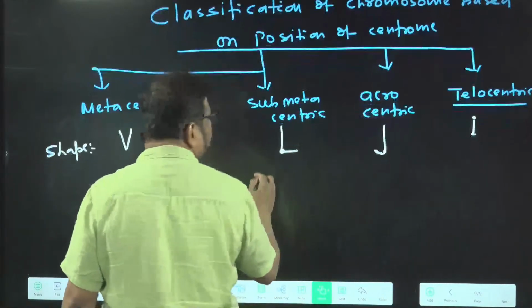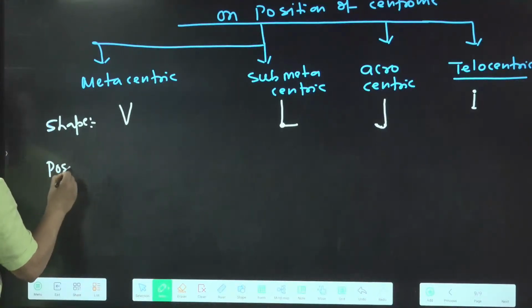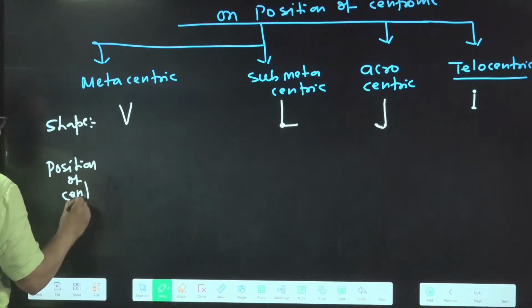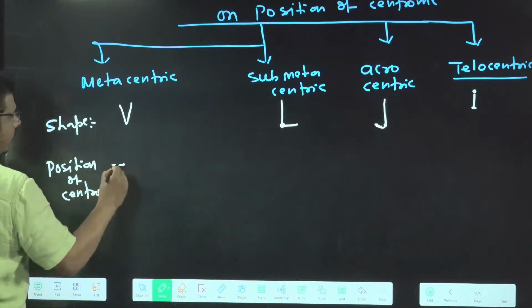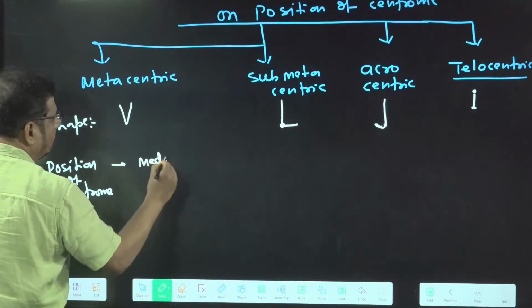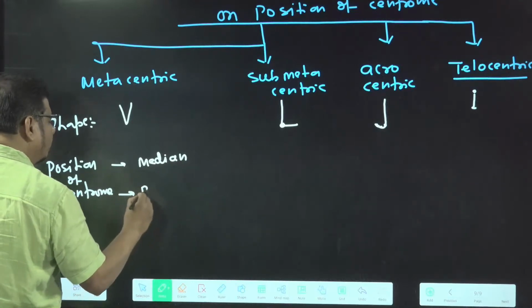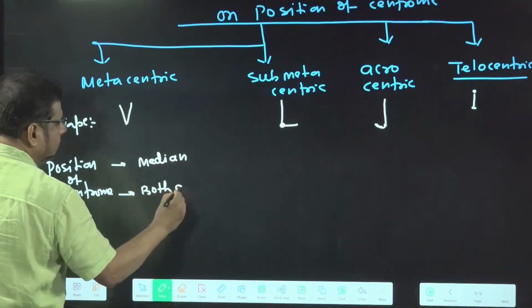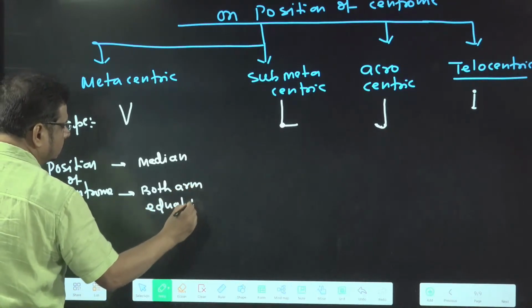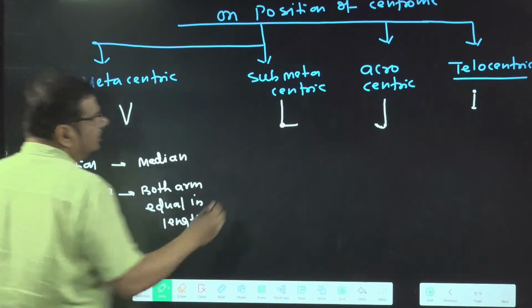Now I am telling the position of centromere. Here it is in the center, median. Both arms are equal in length. Got the idea?